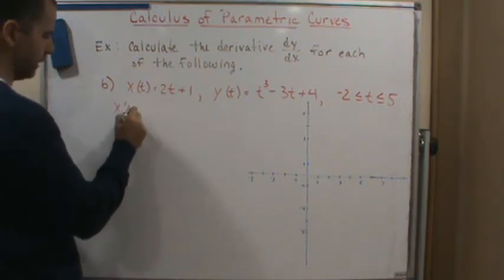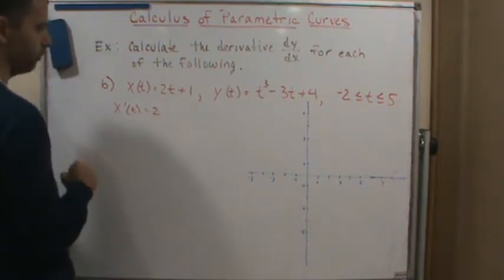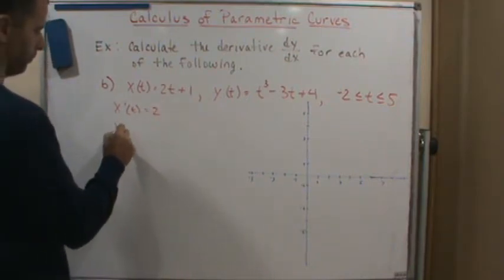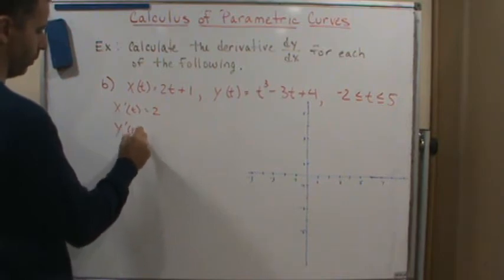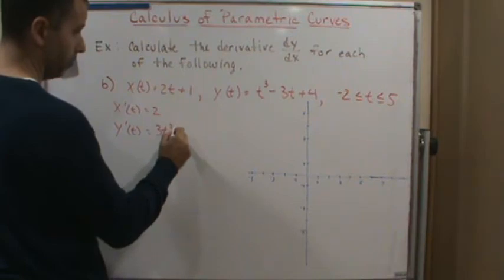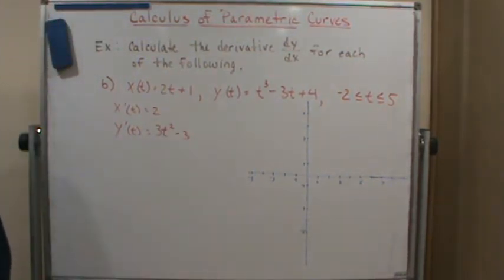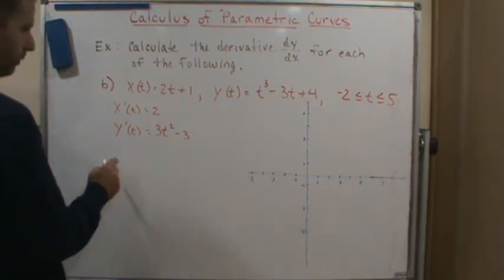x prime of t equals what? In this case, 2. y prime of t is going to equal 3t squared minus 3. Okay, so now what are we going to do?